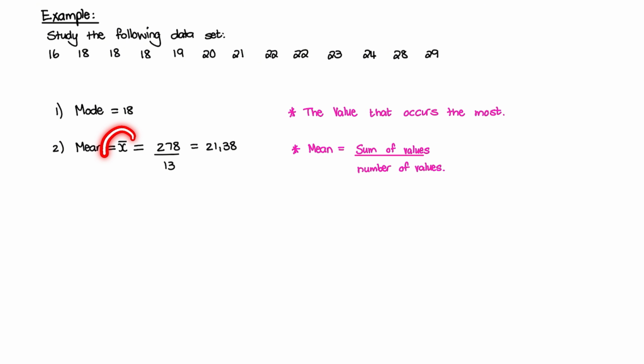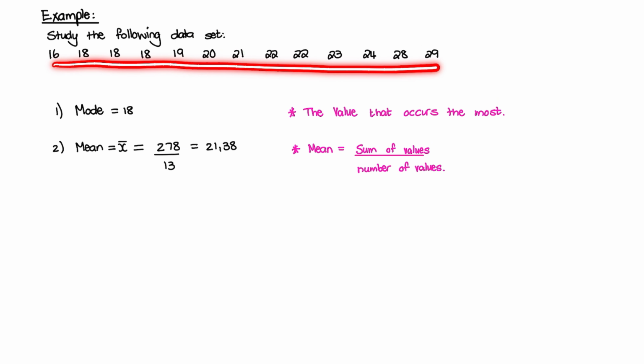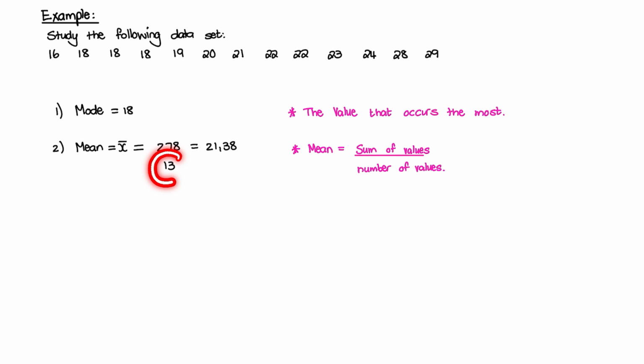For the mean, we use the notation of x with a little line on top of it. The 278 is the sum of all these data points, and there are a total of 13 data points in this data set. So the mean is 21.38.